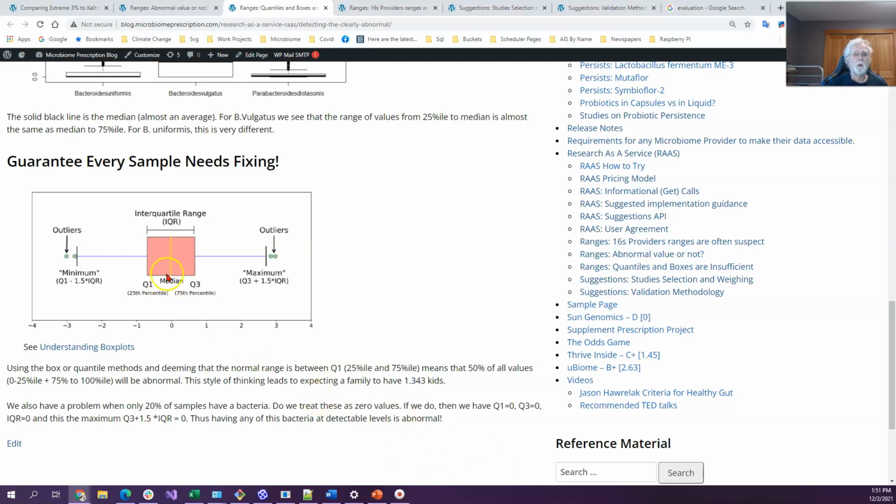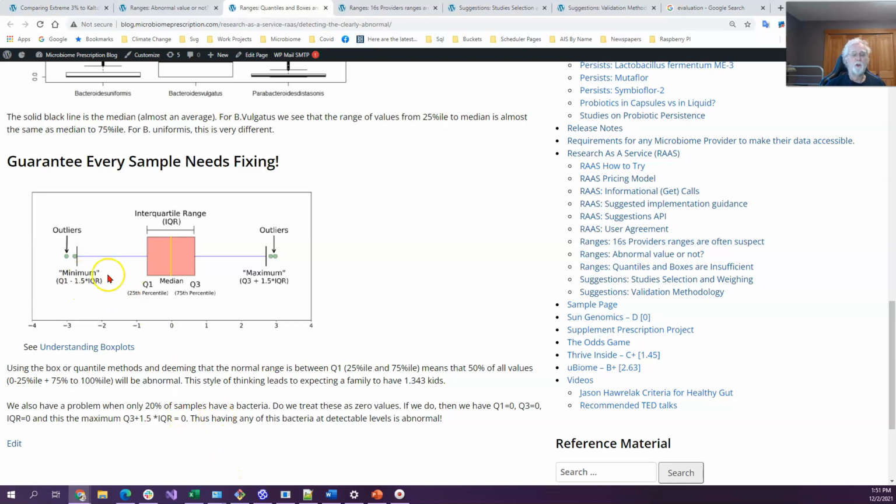First of all, quantile 1 is 0 because 75 or 80% don't have a value, or have a value of 0. And Q3, the 75th percentile, is still below the 20% that have values, so that is also 0. So you have both Q1 and Q3 at 0.